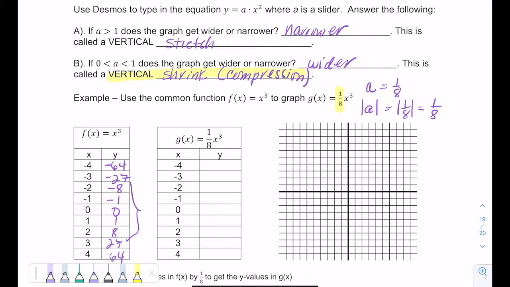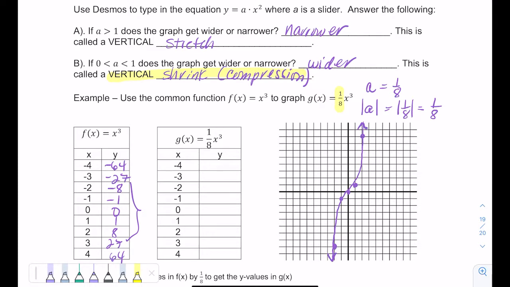So -2, -8, -1, -1, 0, 0, 1, 1, and then 2, 8. Okay, remember that it kind of looks like this. Okay, that's what the cubic function looks like.